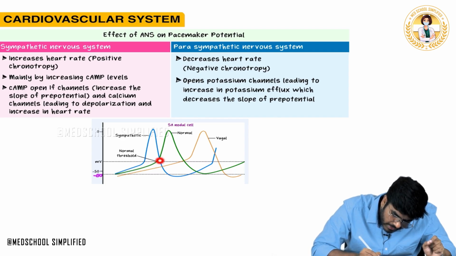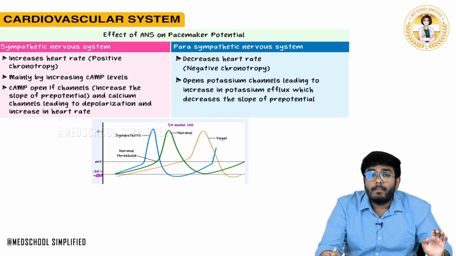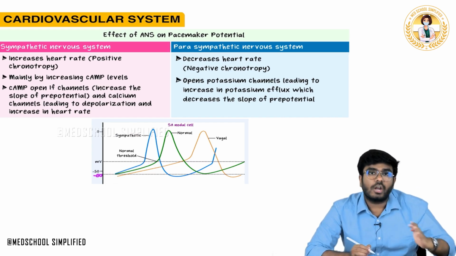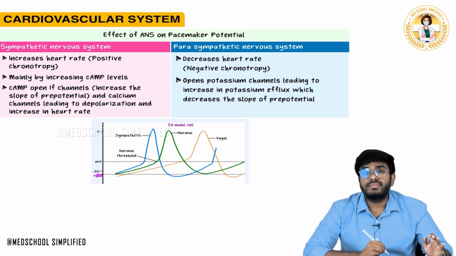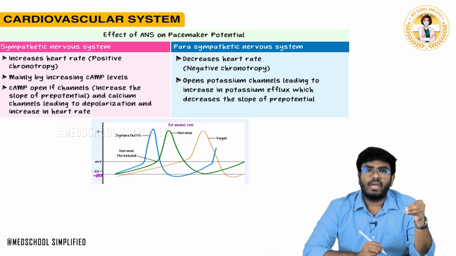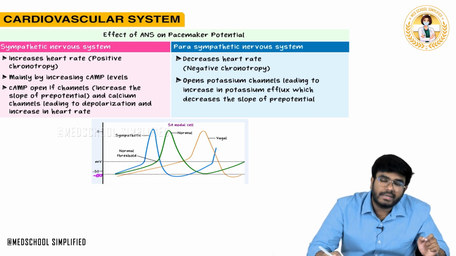But whenever there is sympathetic activity, this event happens in very little time. So the slope is increased, because of the fast movement of sodium through the leaky, or funny, sodium channels. So in a very short time, the action potential is completed.